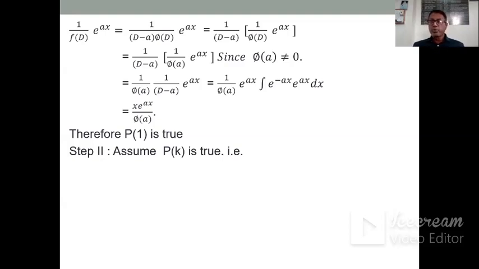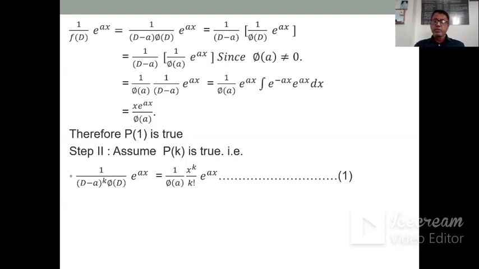Here we assume Pk is true, and from this we want to check whether Pk plus 1 is true or not. If it is not true, then the statement in the theorem is not true. If Pk plus 1 is true, then the given statement is true for all natural numbers.